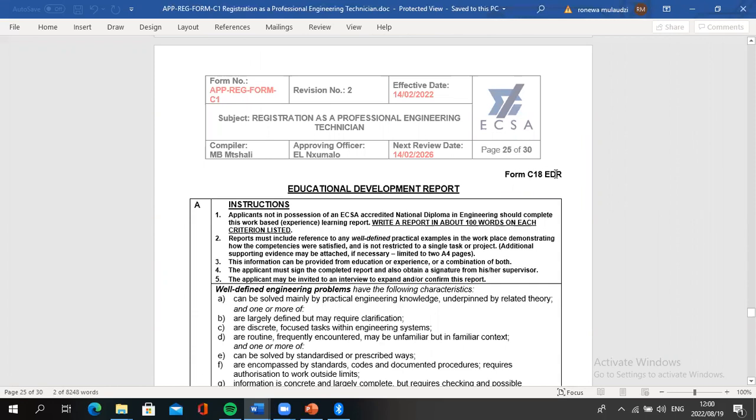And form C18 EDR is not important. You don't actually have to put this one in. It says applicants not in possession of an ECSA accredited national diploma in engineering should complete this work-based learning experience report.